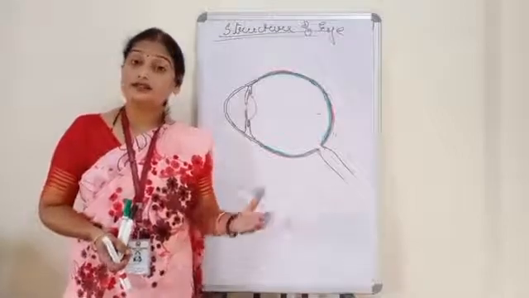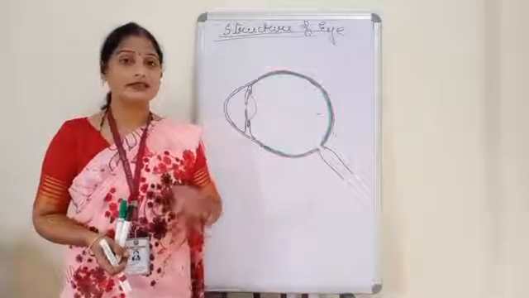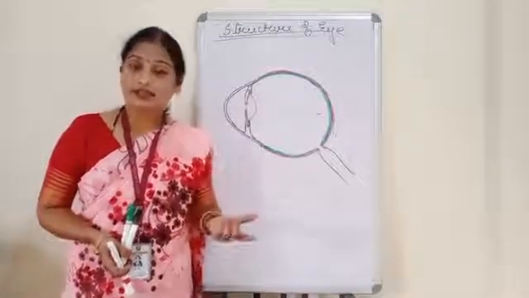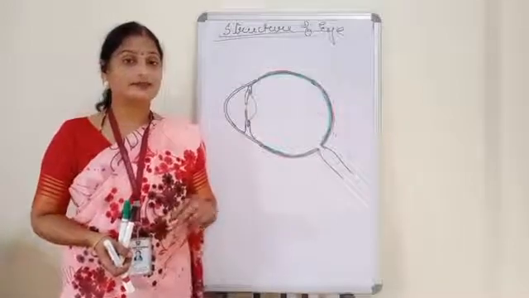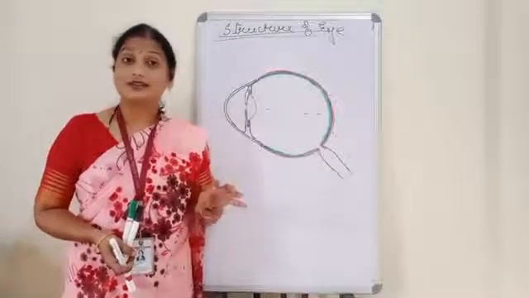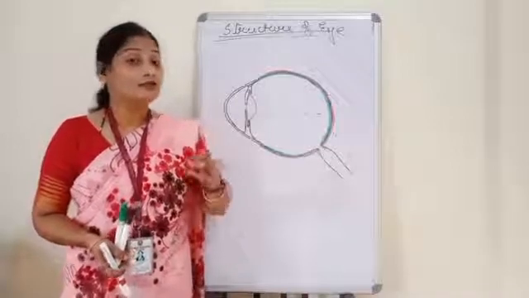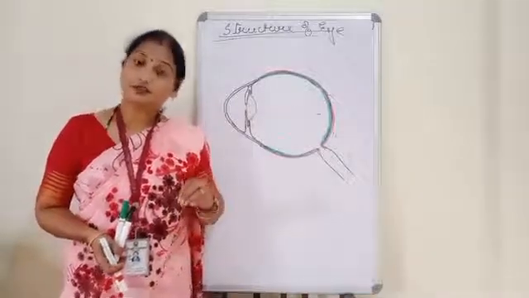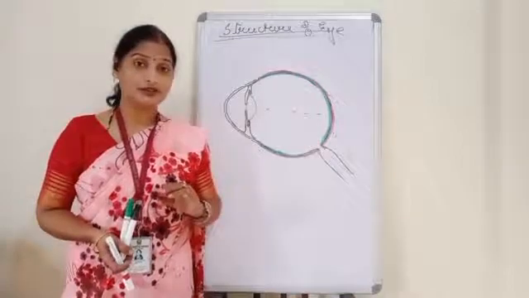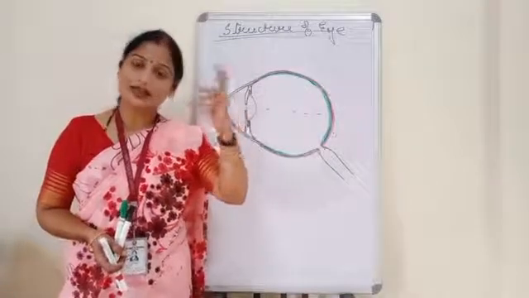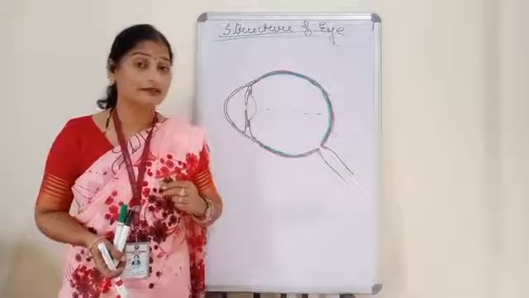Then we saw that our eye contains eyebrows, eyelashes and eyelids, and these things protect the eye from dust as well as from microbial infection. Time to time they open and close by themselves.